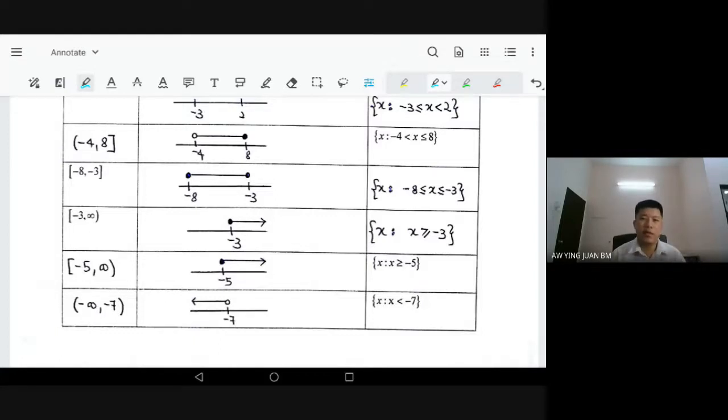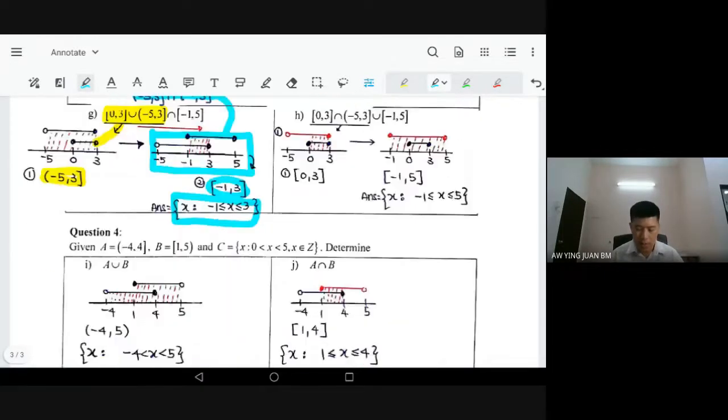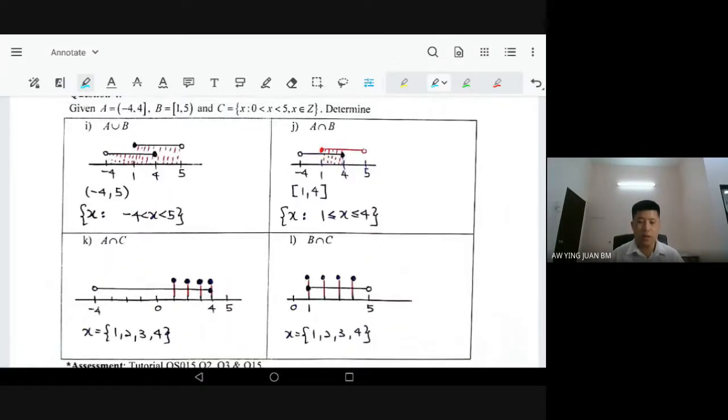Then, you kena tahulah. Kalau dia tak sebut set notation ke interval, then you are open. You boleh tulis mana satu yang you suka. So, kalau saya, semua latihan, saya tulis 2. Kalau you tanya saya suka yang mana, saya suka yang interval. Okay?